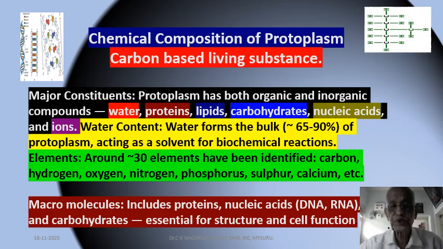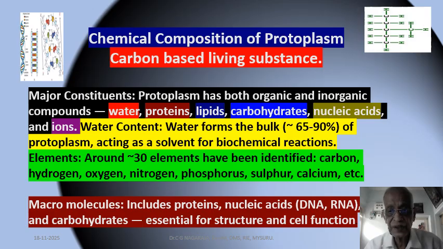Chemical composition of protoplasm: protoplasm is based on carbon. Therefore, we say life is carbon-based, or protoplasm is the carbon-based living substance. Major constituents of protoplasm are both organic and inorganic compounds: water, proteins, lipids, carbohydrates, nucleic acids, and ions.